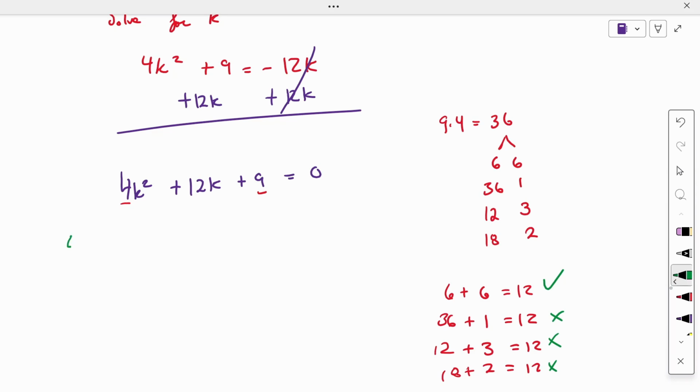And so what you can say is that 4k squared plus 12k plus 9 may be expanded to 4k squared plus 6k plus 6k plus 9, all of this, of course, equal to 0. And at each step, you need to be bringing down all of your terms, guys. If your equation said equal to 0, that needs to stay the same when you go from one line to the other.